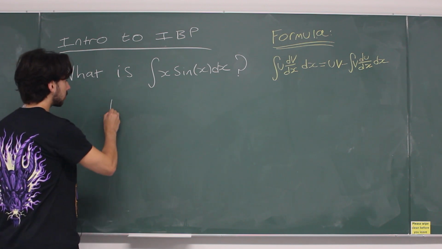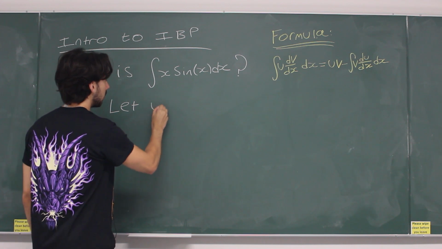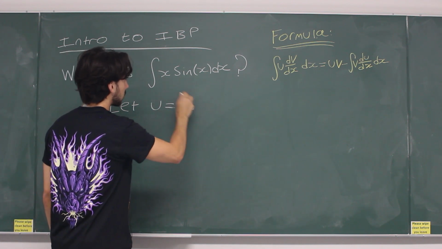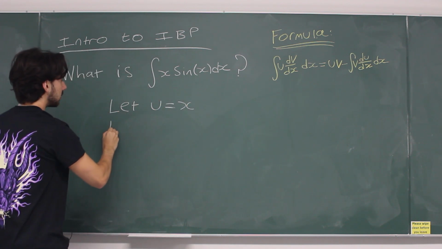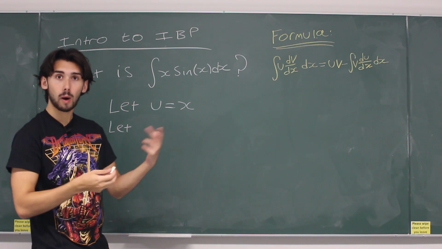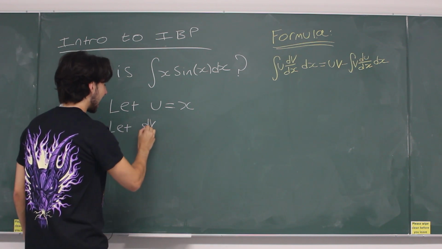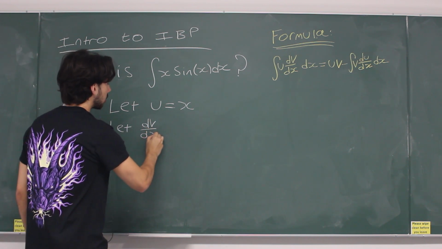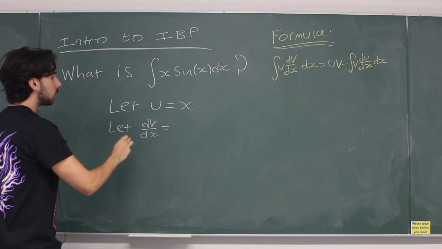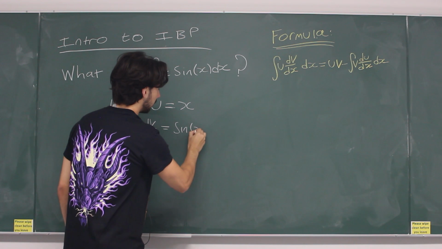So one of your functions, you will label u. So I'm going to let u be x. That's one of my functions. Now, instead of letting v equal sine x, as I would if I was using the product rule, I'm going to let dv dx be the other function. So one of them you call u, and the other one you call dv dx. You'll see why in a moment.